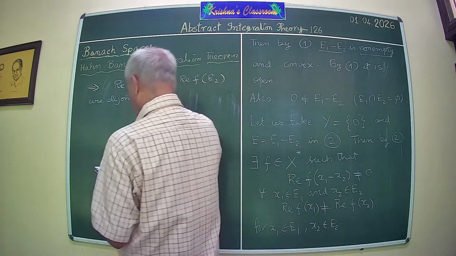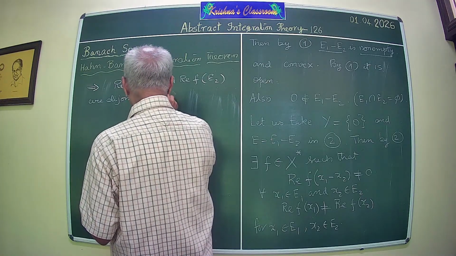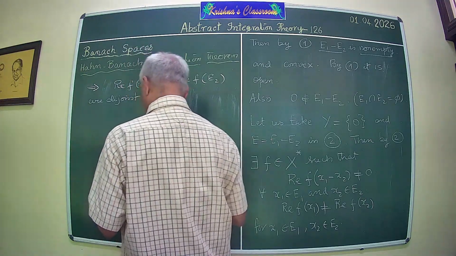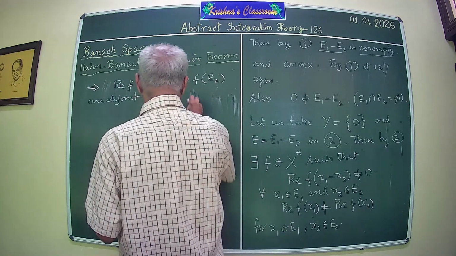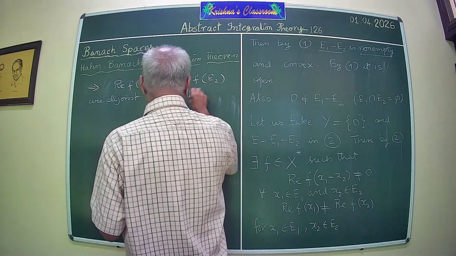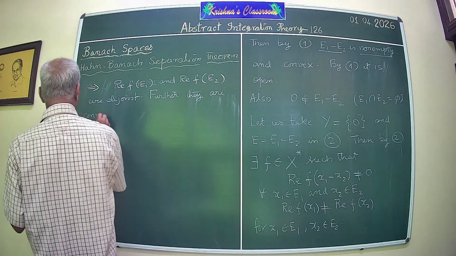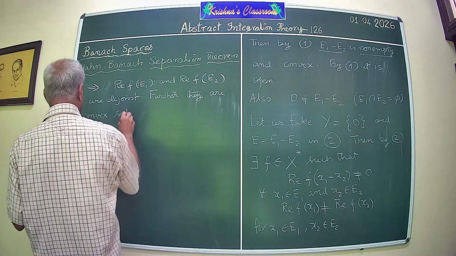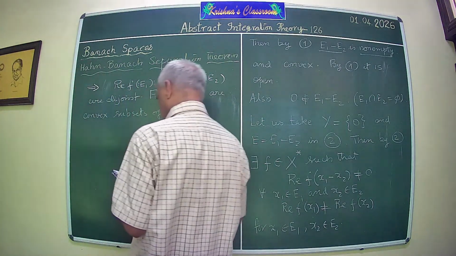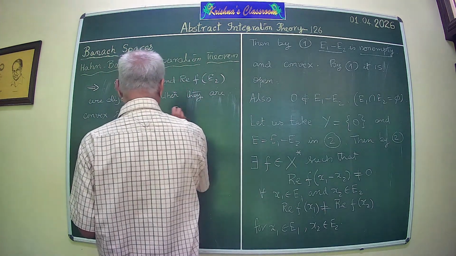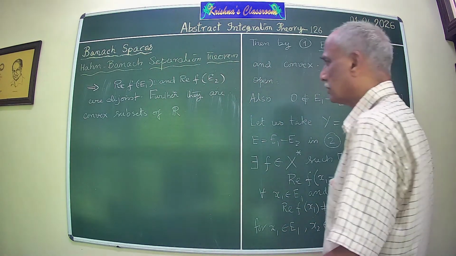Further, they are convex subsets of R. That's easy to prove because you see that E1 and E2 are convex.